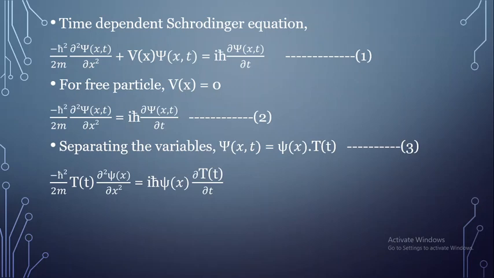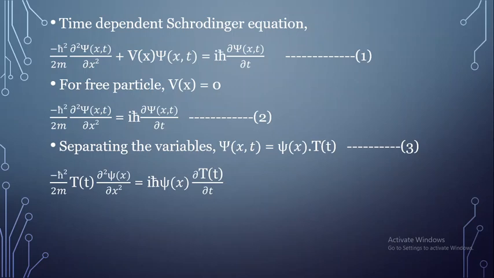So I am taking it outside and writing it as minus ħ² by 2m T of t into ∂²ξ of x by ∂x². This will be equal to iħ ∂ by ∂t of ξ of x into T of t, where ξ of x is independent of time, so it has to be taken outside the differentiation.